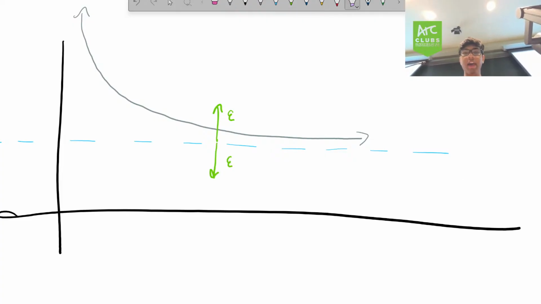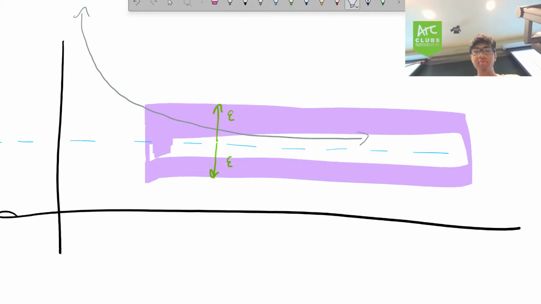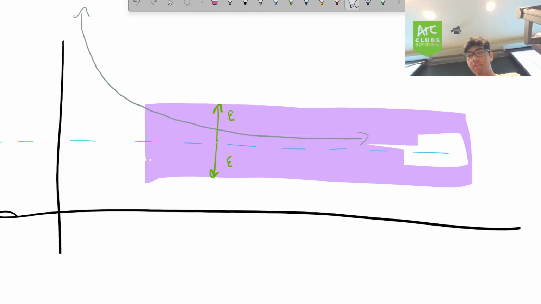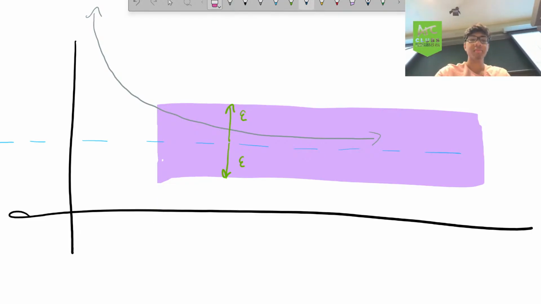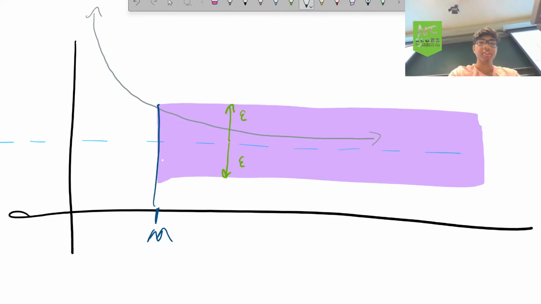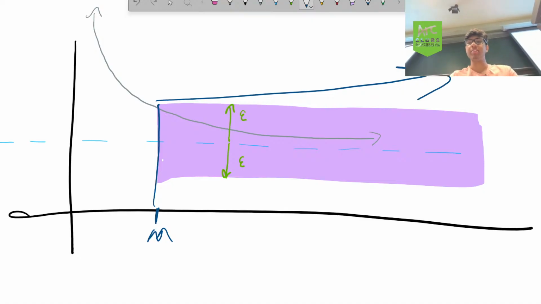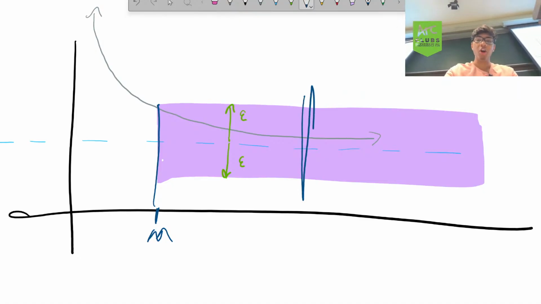For this region here, which I'll shade in completely, there's going to be some value for x, and so let's say my m is here, such that as long as my x is greater than that, my function will always be within epsilon of my limit L.